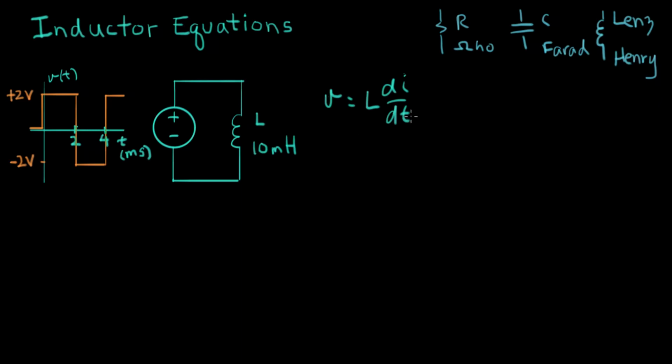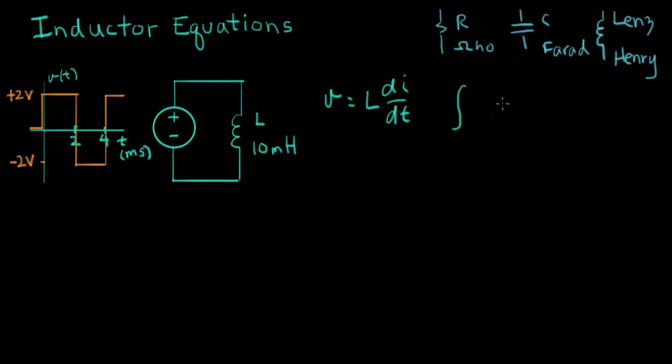There's another form of the inductor equation where we write it in terms of just I in terms of V. And to get to that point, we need to get rid of this derivative here. So what I'm going to do is take the integral of both sides of this equation.